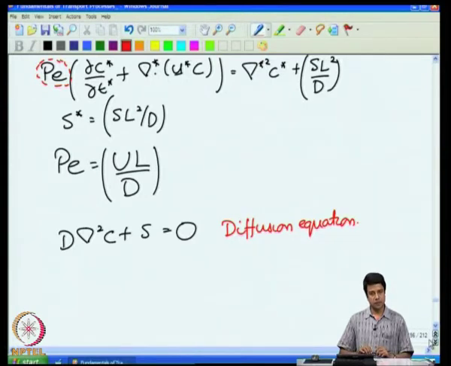Therefore, the velocity perpendicular to the surface has to be equal to 0 at the surface. That means there can be no transport due to convection at the surface itself. The only transport that can take place perpendicular to the surface is diffusion. Therefore, as one goes very close to the surface, diffusion will still become important.